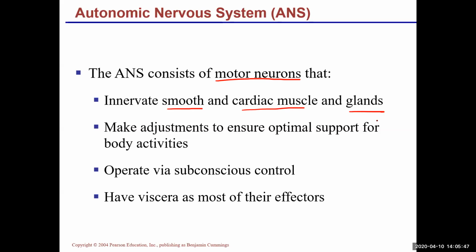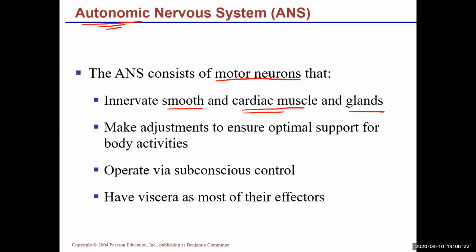Notice that if you exercise, or if you get scared, or if there is an emergency, your heart rate automatically is going to go up. You don't have any control over it, versus in the somatic nervous system, you had control over it. In other words, when you hear a siren, you have control over your muscles, whether to pull over or not. In fact, some people continue driving.